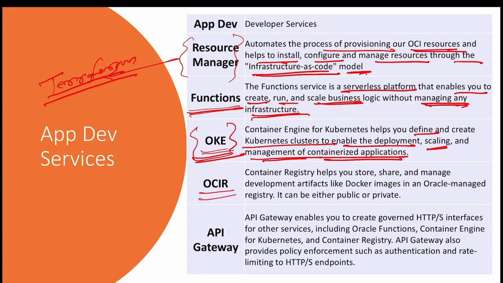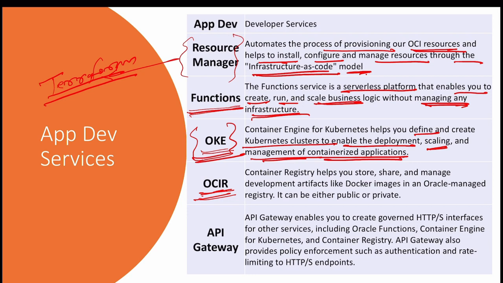Next we have OCIR, that is Oracle Cloud Infrastructure Registry, known as a container registry, where we store our image files, or we can say Docker images, which help to run the application inside the container.